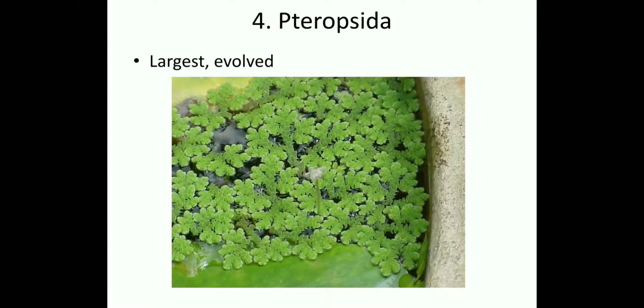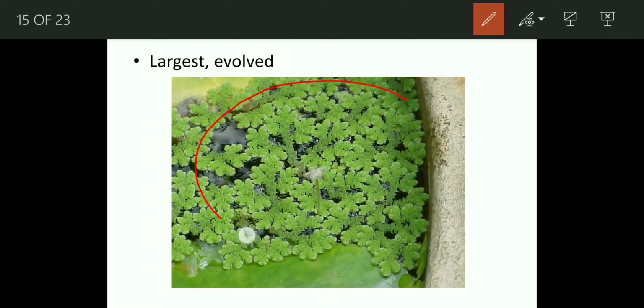Now, considering the Filicinae, basically these are the true ferns. The term Filicinae means ferns. So they are the actual true ferns, and the important members are Dryopteris and Pteridium. You can also see I have given you a picture of Azolla. This is your Azolla.